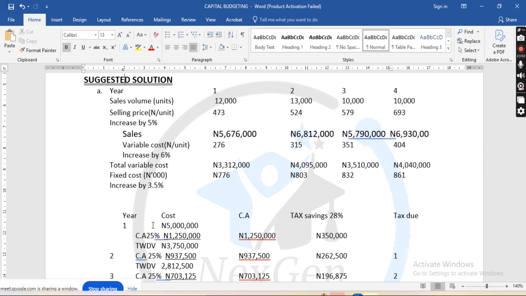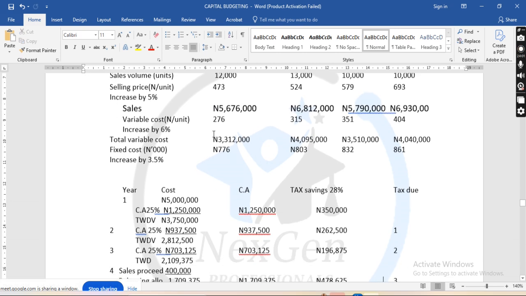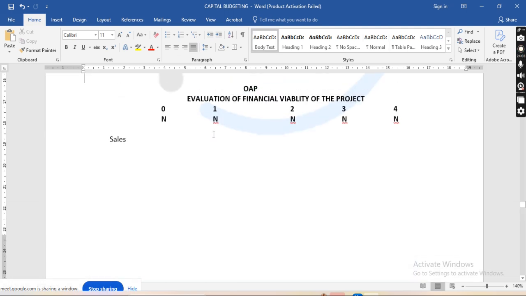You don't use that language here. Why? Because this is a capital budget, a capital investment. It makes use of cash inflow and cash outflow, right? So you don't use profits.